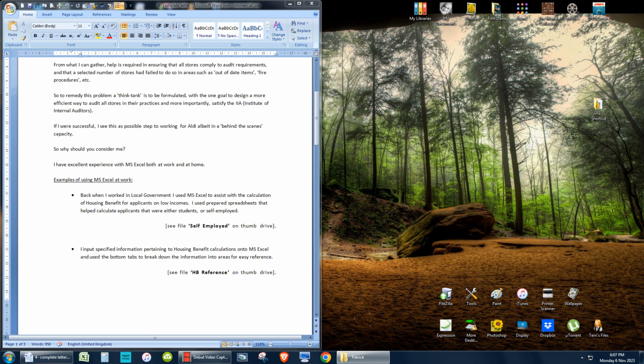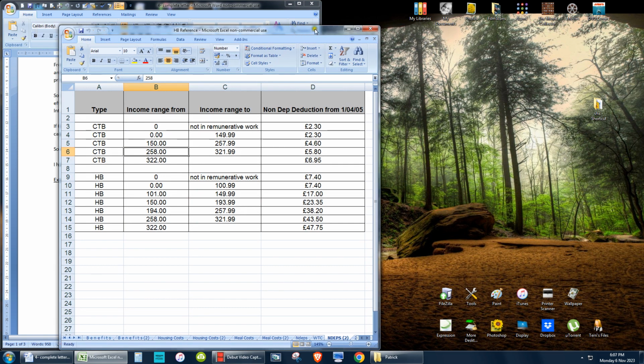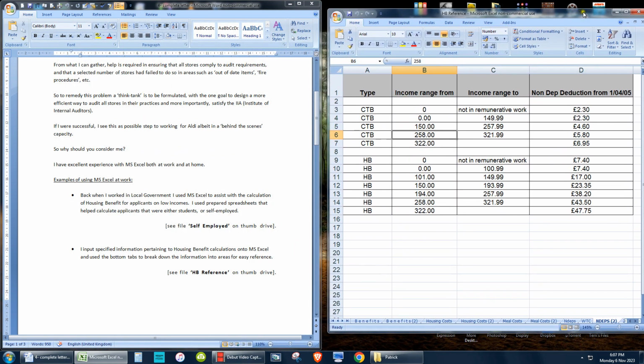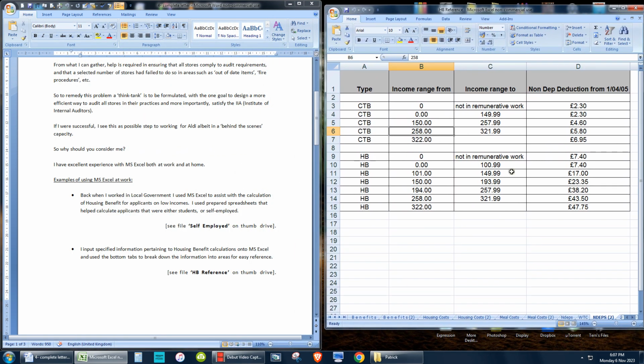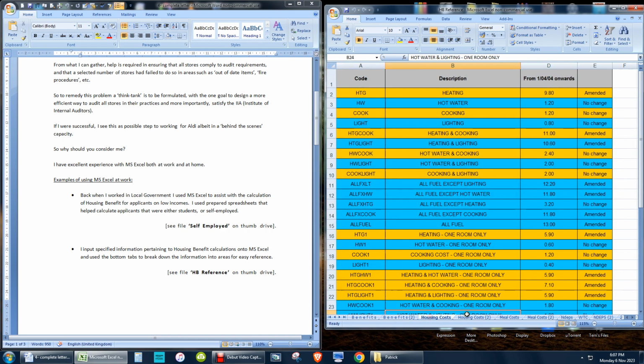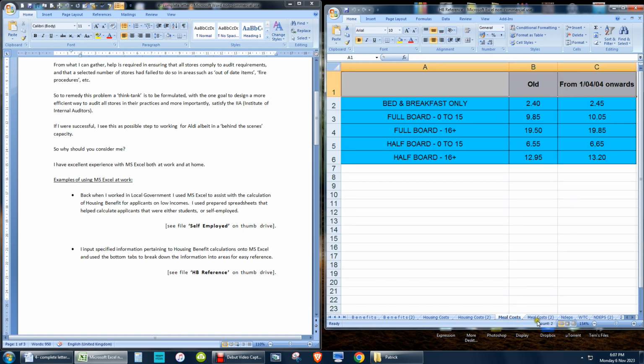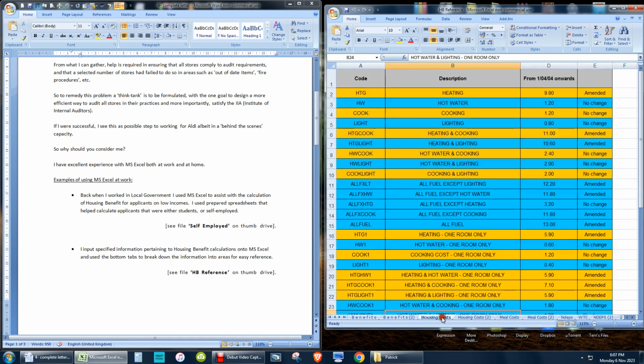See housing benefit reference, and that one is, so this is basically a factual spreadsheet. Just go on the tabs and claim the figures that you needed depending on what type of calculation you were creating.